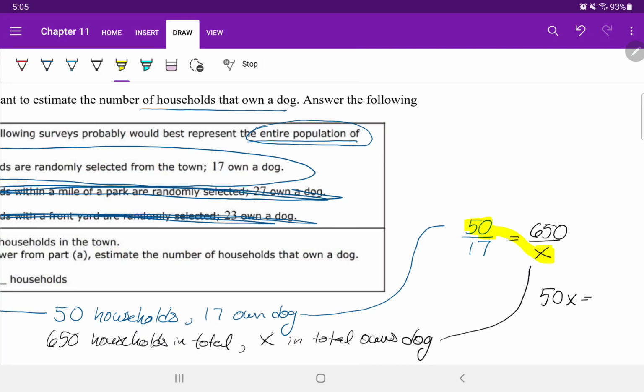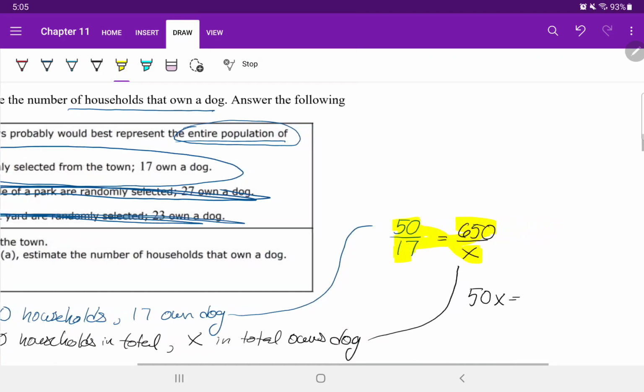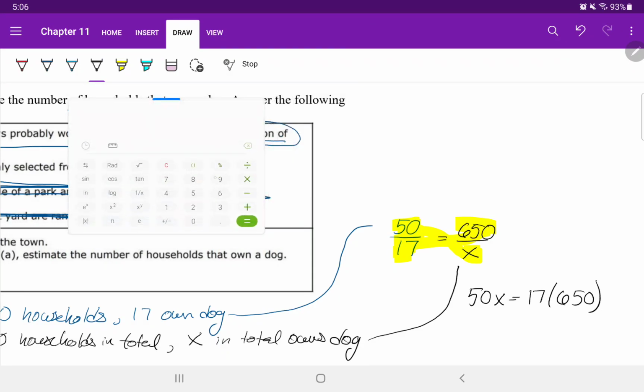And that's going to equal, when we multiply 17 with 650, 17 times 650, $11,050.